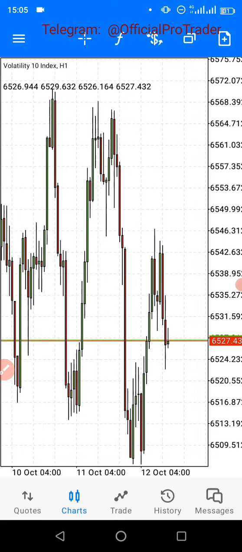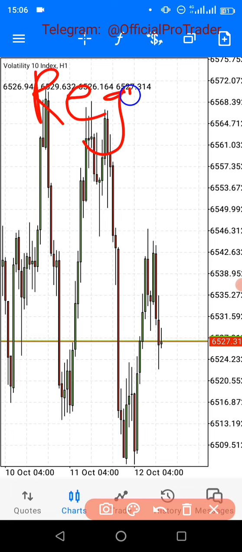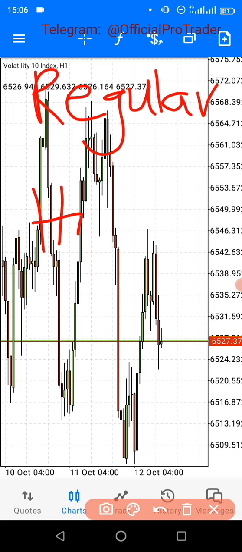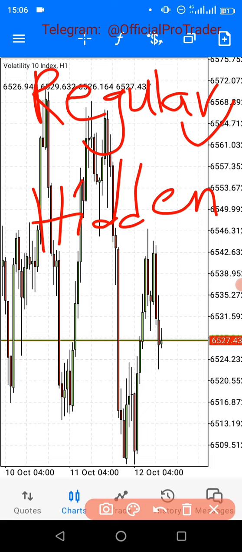So, regular divergence and then hidden divergence. Under regular divergence, we have regular bullish divergence and regular bearish divergence. Then under hidden divergence, we have hidden bullish divergence as well as hidden bearish divergence.